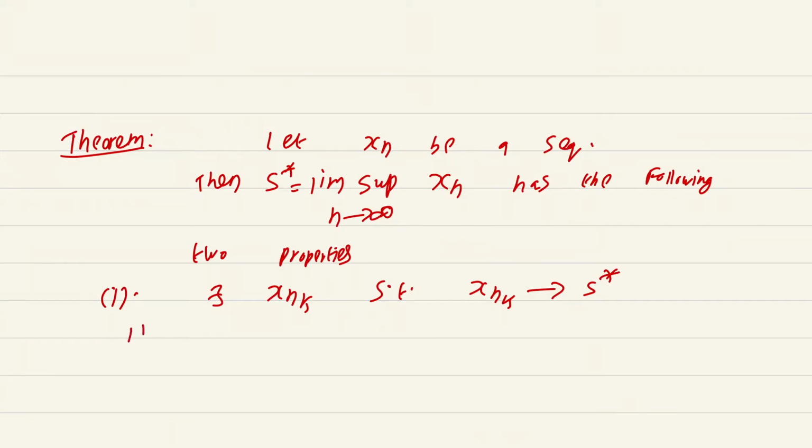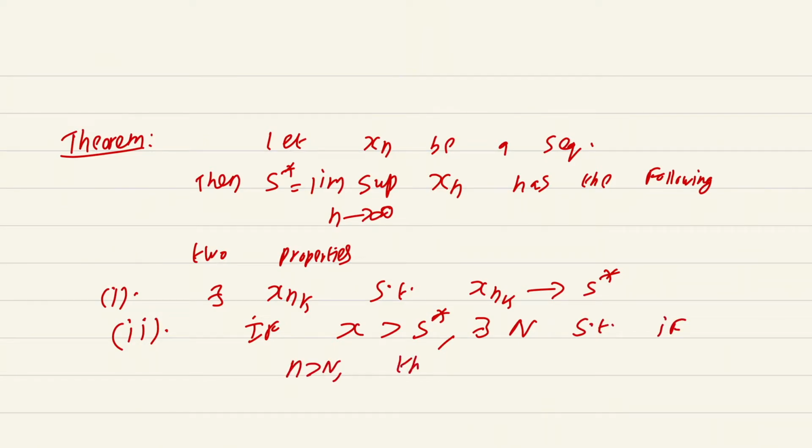Property number 2, if x is greater than s upper star, if you choose a real number that is greater than s upper star, there exists N such that if n is greater than N, then xn is less than x.